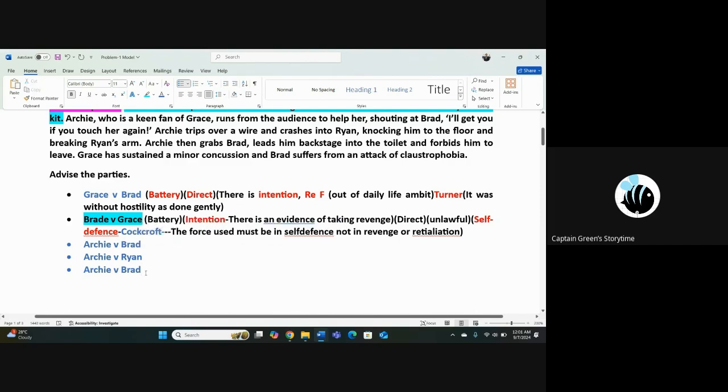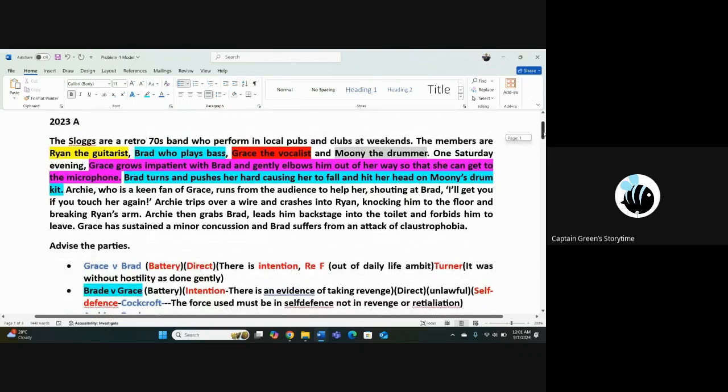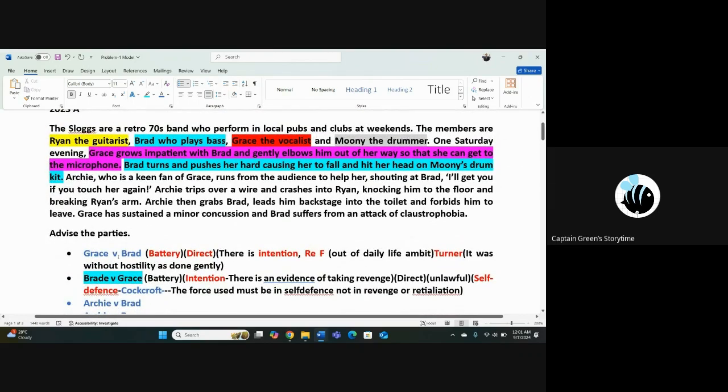Now coming towards our first issue, which is Grace versus Brad. Coming towards this fact, which is in pink color, it states that Grace grows impatient with Brad and gently elbows him out of her way so that she can get to the microphone.